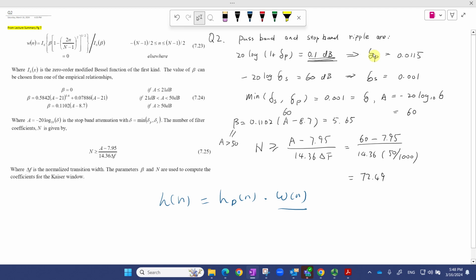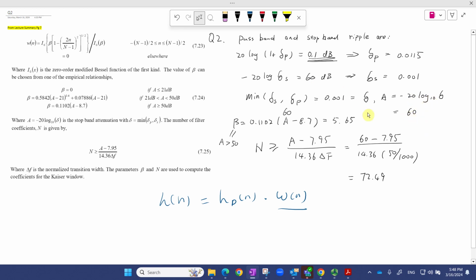So we can find the pass band ripple is this number, and we do the same thing for the attenuation. For the stop band it is just 0.01. We choose the smaller one of these two, which is 0.01. Okay, and A equals -20 log, so it actually equals 60 dB, right?